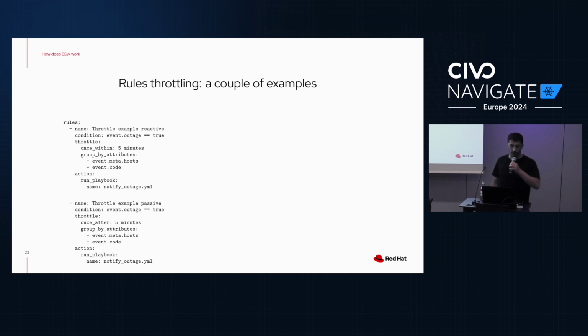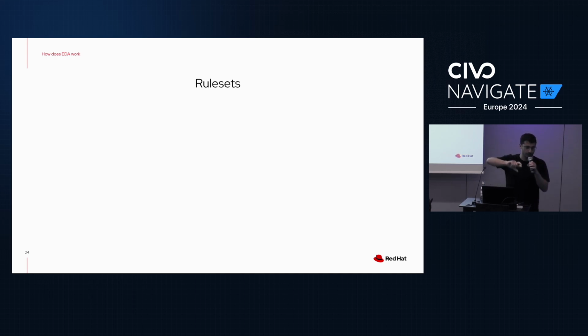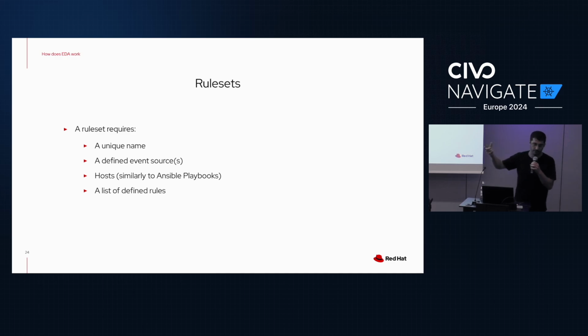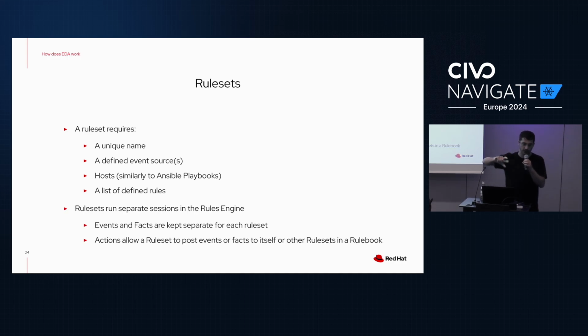So now we have those rules that have conditions and actions. We put them together in rule sets, and rule sets are a set, as the name suggests, of rules. Every rule set has a name, defines event sources, hosts, and rules, obviously. But the interesting part is that every rule set runs completely independently from every other rule set that you have configured.